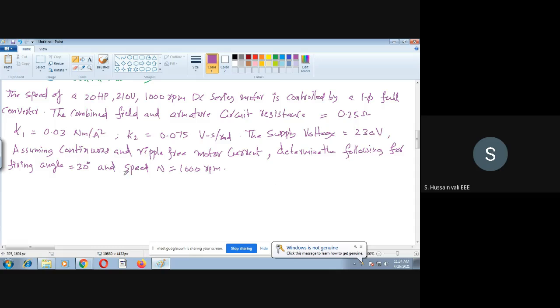One, the motor current; two, the motor torque; three, the supply power factor.